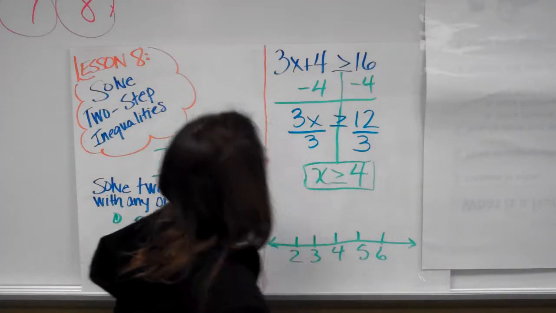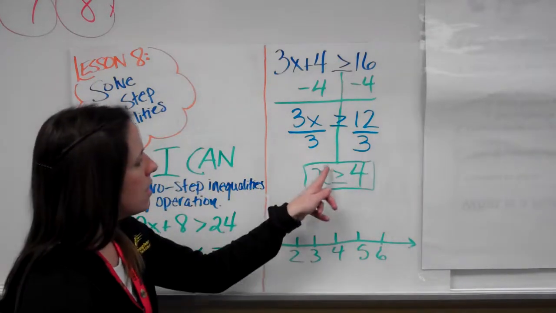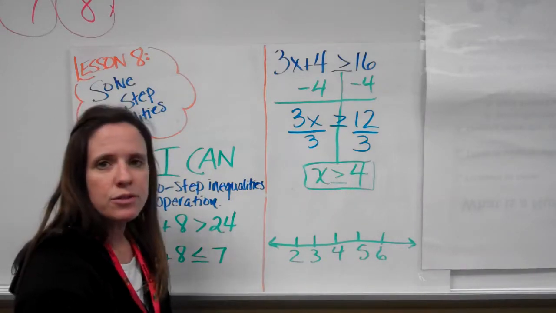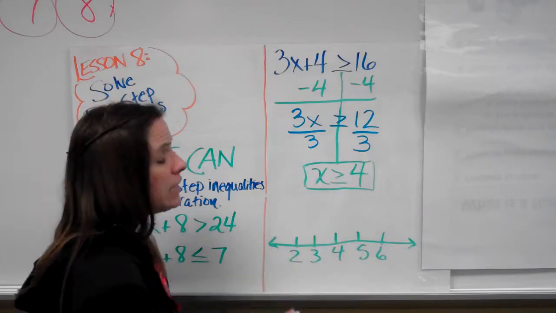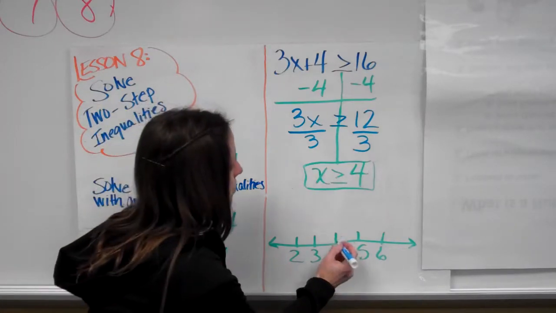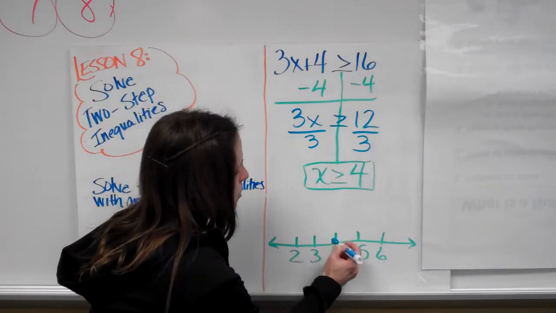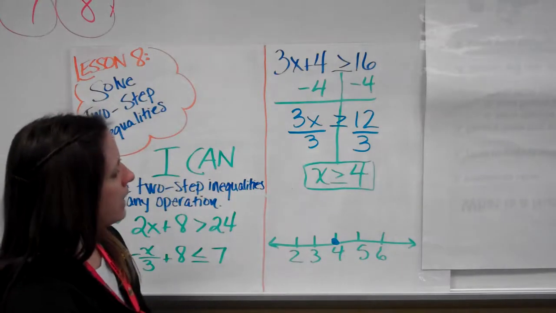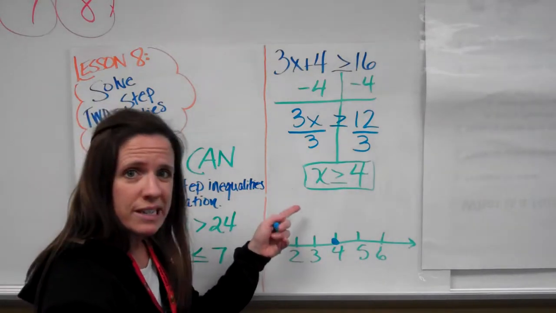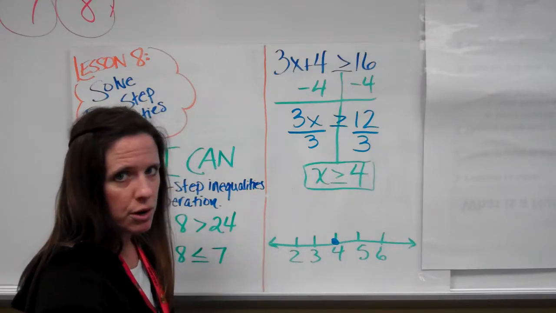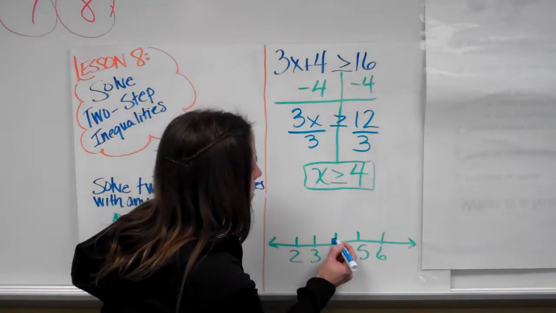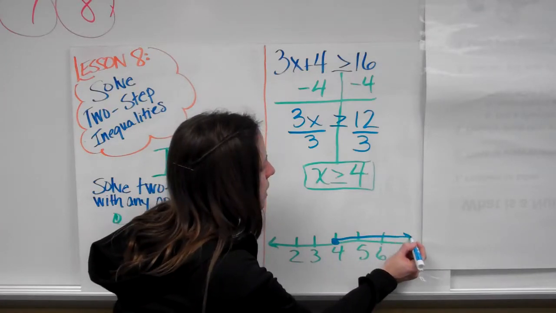And from the last lesson and previous lessons, the symbol tells us what kind of circle to put on our number line. In this case, we have greater than or equal to, so it's going to be a closed circle on our target number, which is 4. And at this point, I ask you to read it again. Read it to yourself again. X is greater than or equal to 4. So we want x to be greater, so we're going to shade to the right.